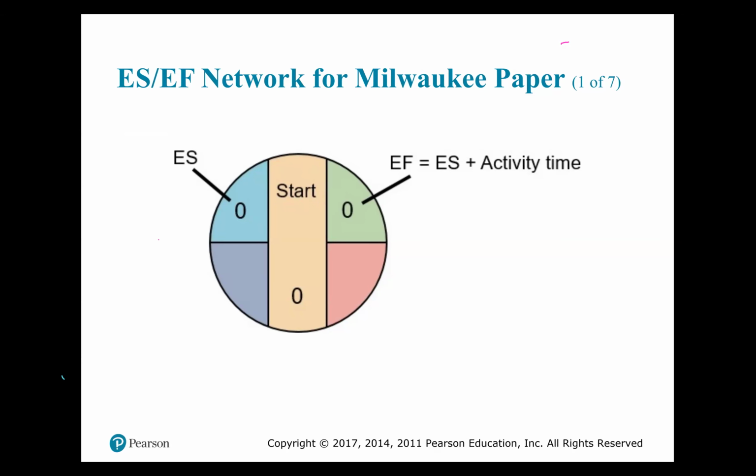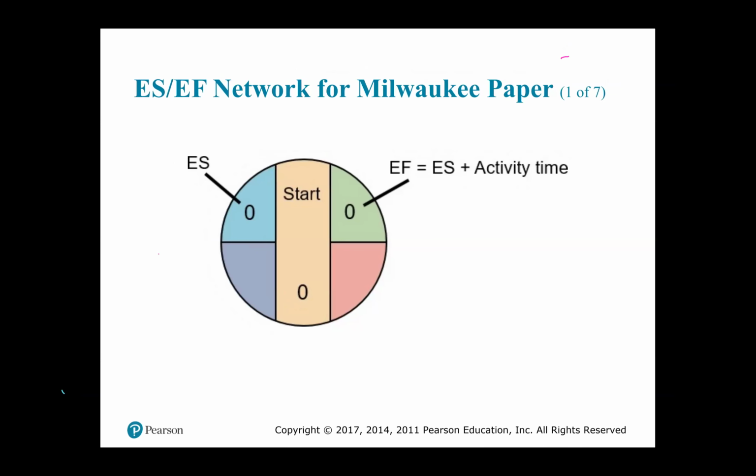And therefore, the early finish, which is the early start of the activity plus the duration of the activity, will always be 0.